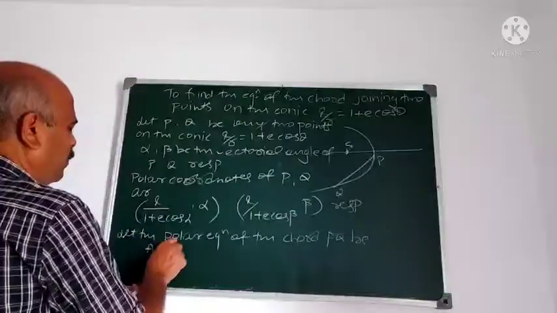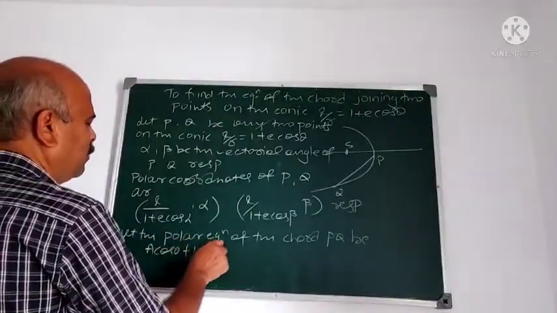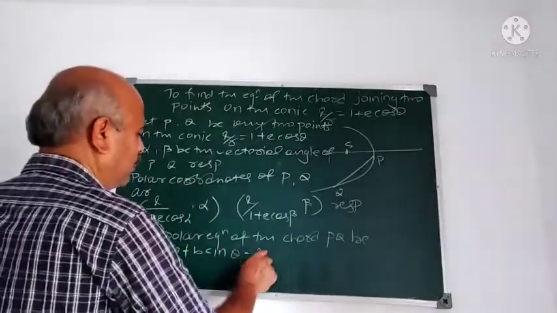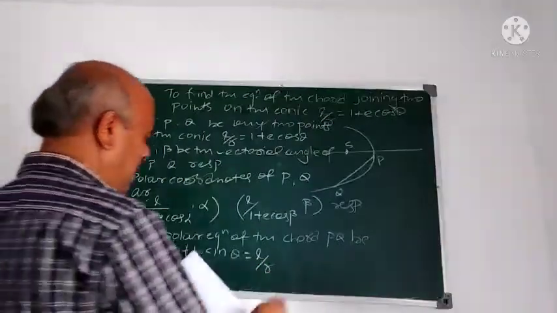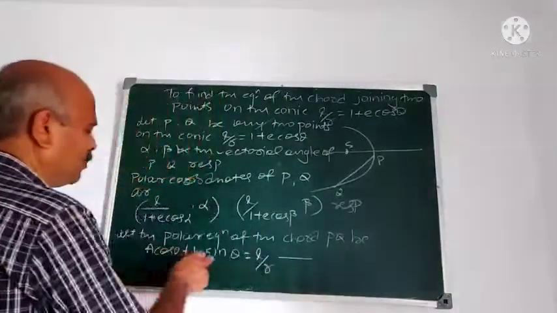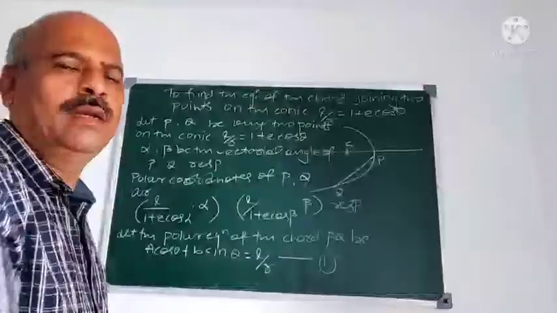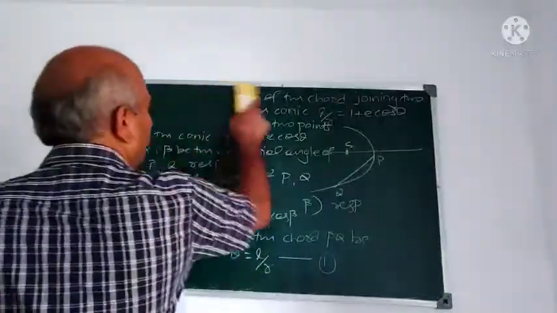A cos theta plus B sin theta is equal to L by R. The constant is taken as L by R. This is the polar equation of the straight line, that is, the chord.